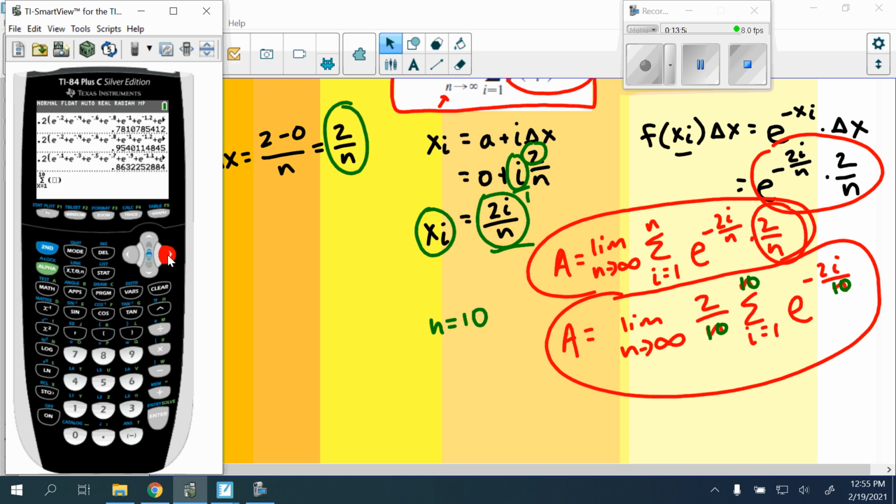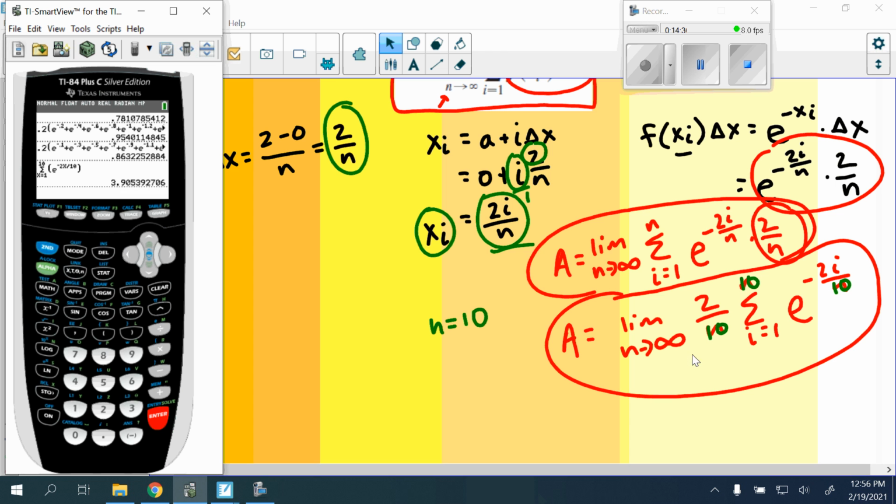Hit over to enter your function, and now we want to enter this. So we want e to the -2, and then we have to get our variable in there, x over 10. That's going to sum up all the heights. So that's all the heights summed up.